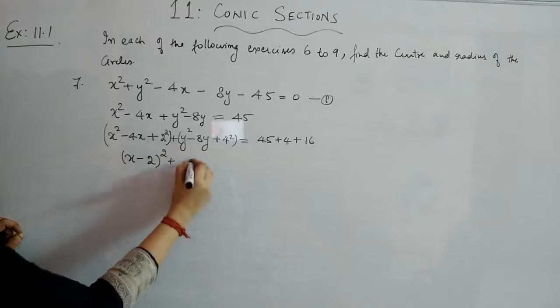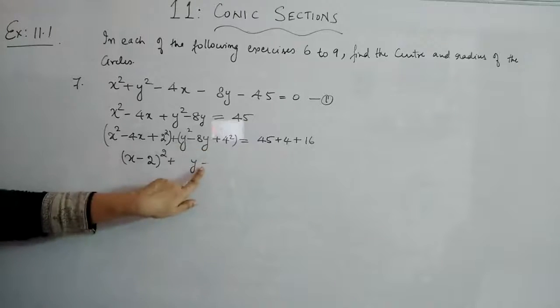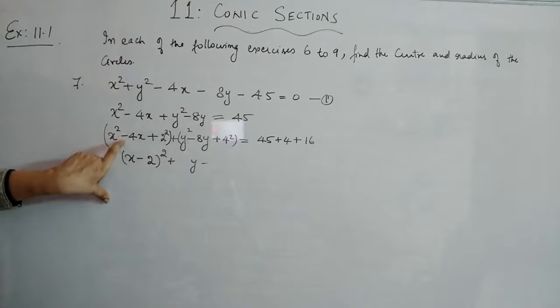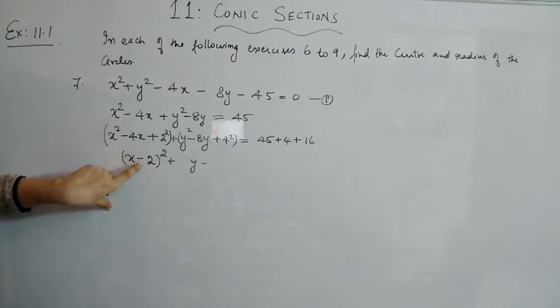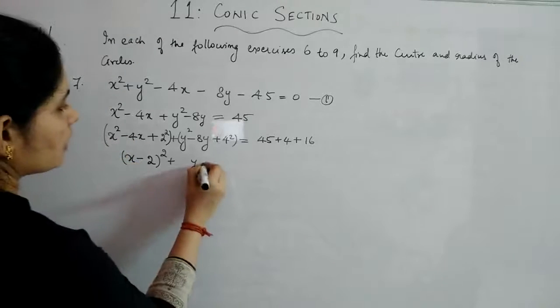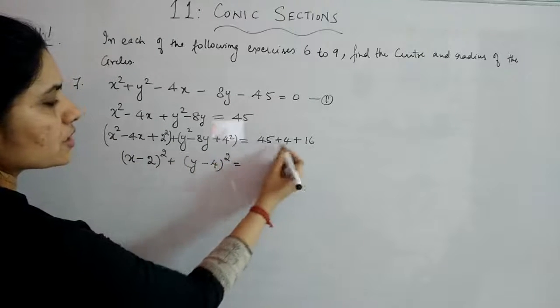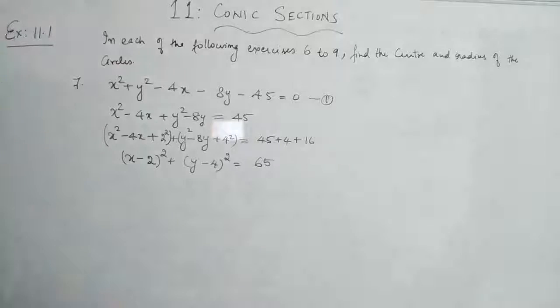Again, this will determine what sign should be in between the two terms. If it is negative, here it is negative. If the middle term was positive, here it will be positive. That means the x, coefficient of x sign will decide what here have to come. So here you will have y minus 4 the whole square equal to, the addition of this is giving you 65, right?